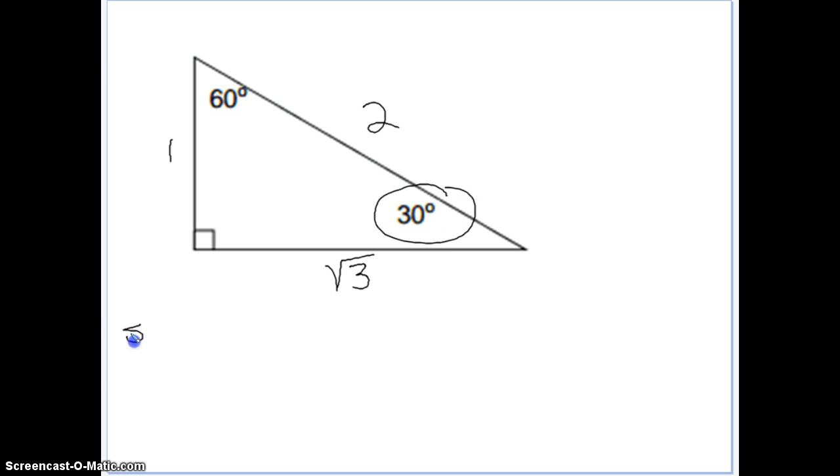So let's do the sine of 30 degrees. In this case, let's label. Here's the opposite leg. Here's the adjacent leg. And there's the hypotenuse. So sine of 30 degrees, SOHCAHTOA, is opposite over hypotenuse, 1/2.